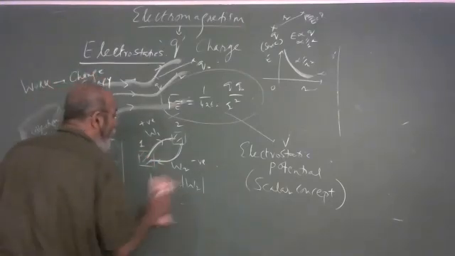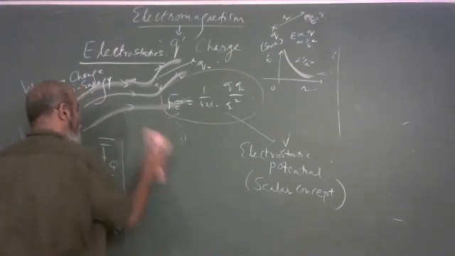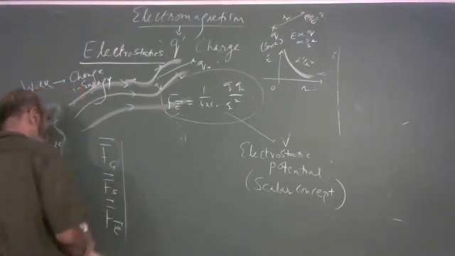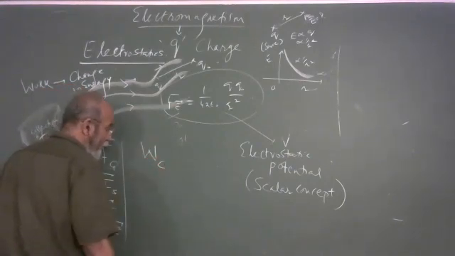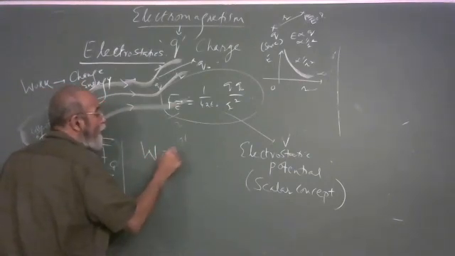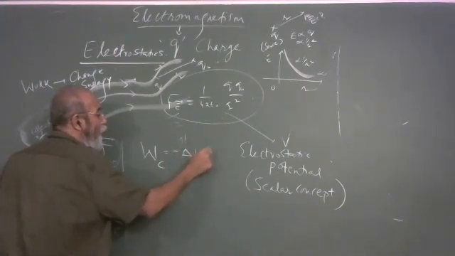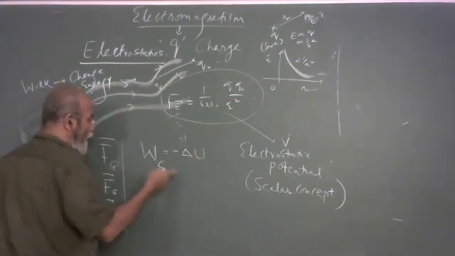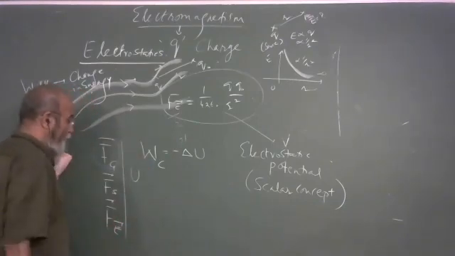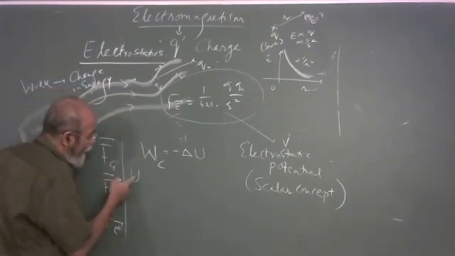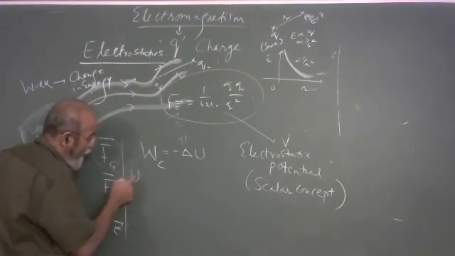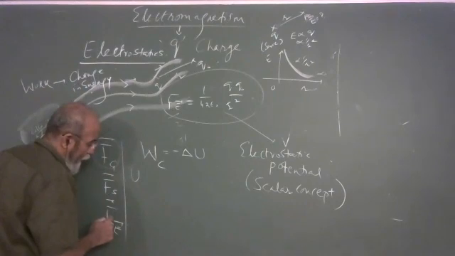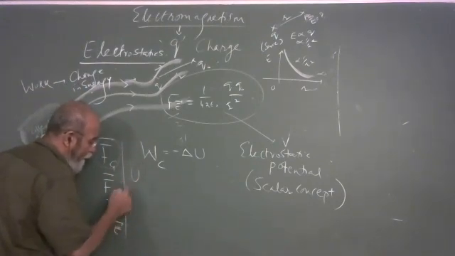Now, if you go back into your study of the chapter of scalars, which was work energy, you find that the work done by the conservative forces was always minus del U, and the conservative forces were always involved with the alphabet U. Gravitational potential energy, elastic potential energy, electric potential energy, or electrostatic potential energy.